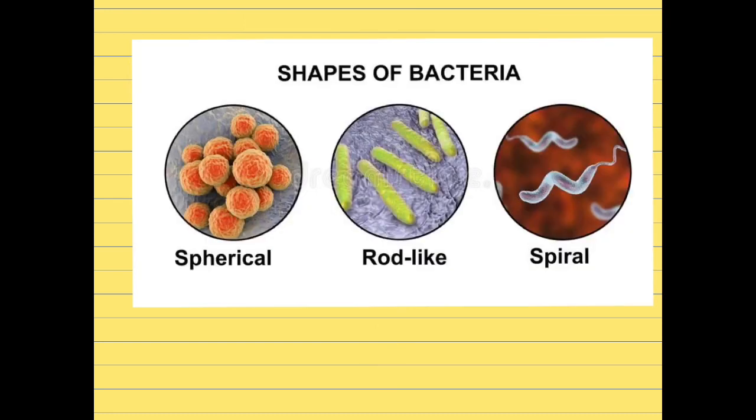Bacteria can be classified by the shapes that they have. There are spherical bacteria, and those are called cocci. There are rod-like that are called bacilli. And then there are finally spiral ones that are called spirochetes.